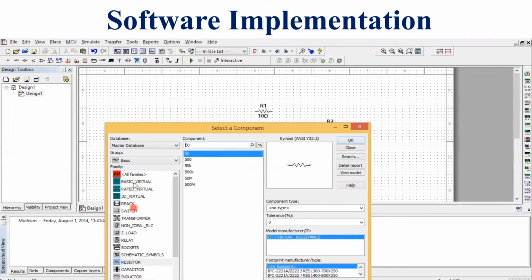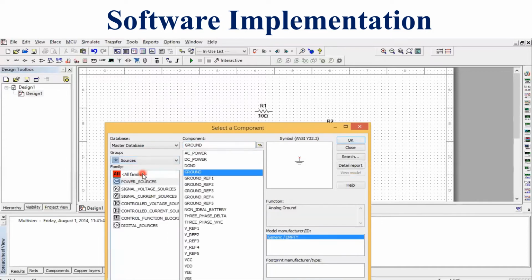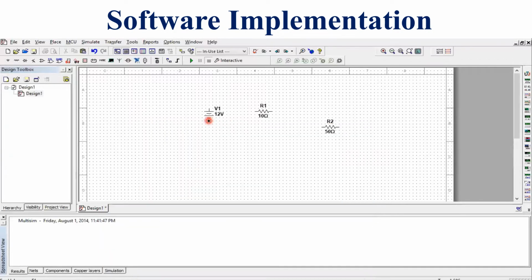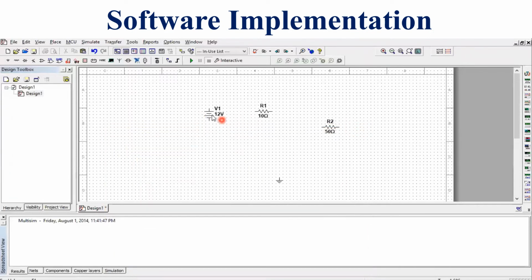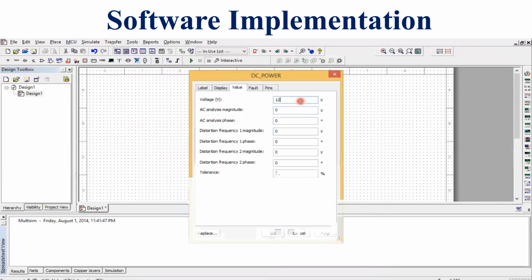Then move towards the sources block. In sources we select the DC power for the battery and the ground block. Now change the value of the battery, as we have a 120 volt battery in our circuit diagram.